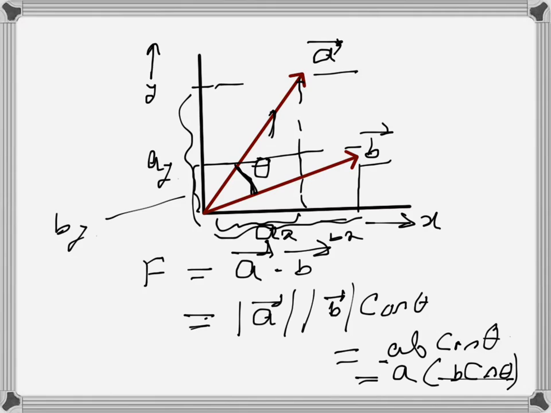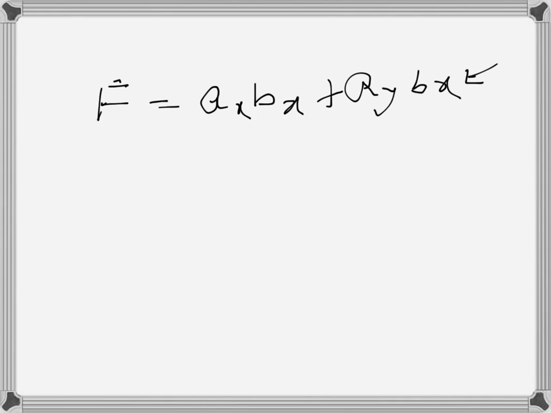So this is the dot product algebraically. I will write the geometric one again, AB cos theta.